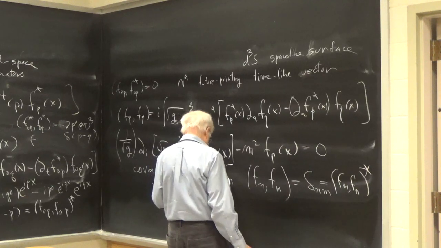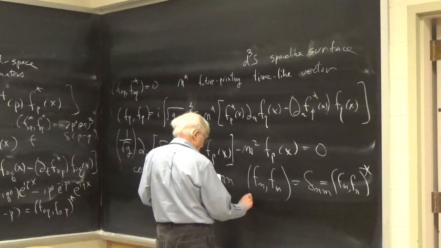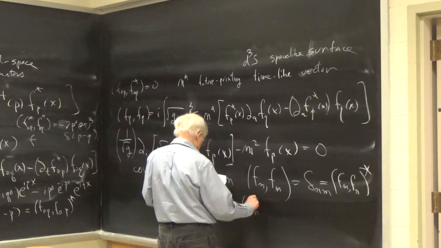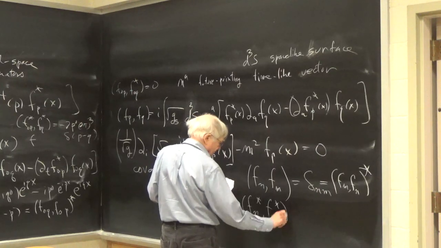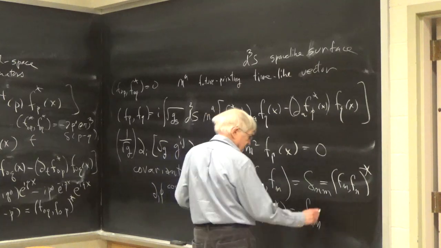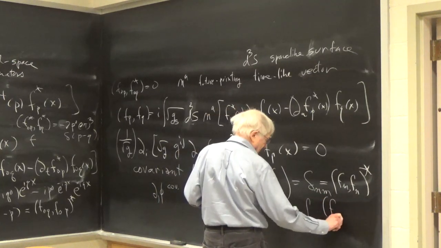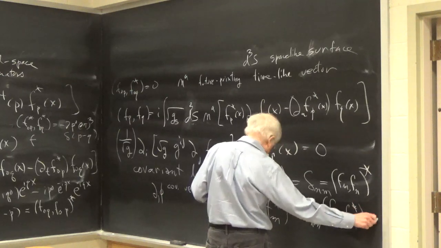Well, it has to be because it's real, doesn't it? Anyway, and that f_n star is minus delta_nm, and that f_m star is 0.